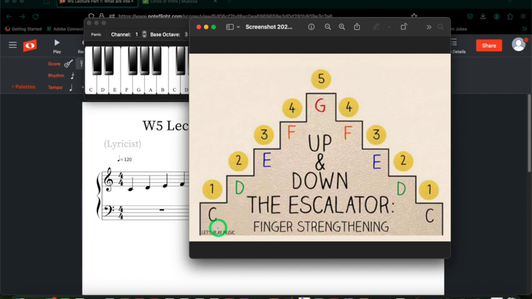If you count step 1 as the first step, so 1, 2, 3. E is 3 steps away from C, so therefore that distance is a third. Similarly, C to F, F is 4 steps away from C, so we would call that interval a fourth, etc. So now let me dismiss this.